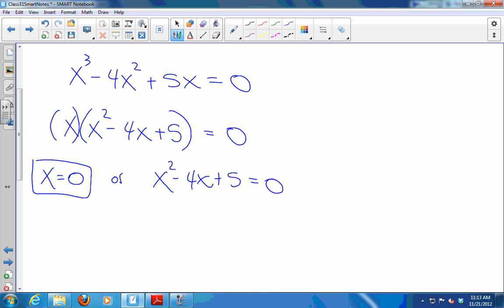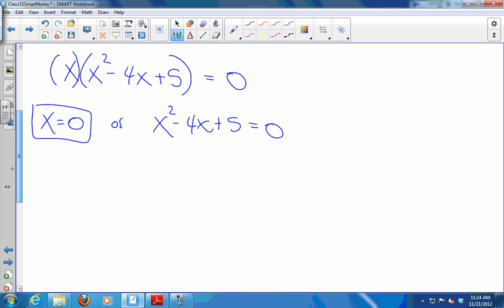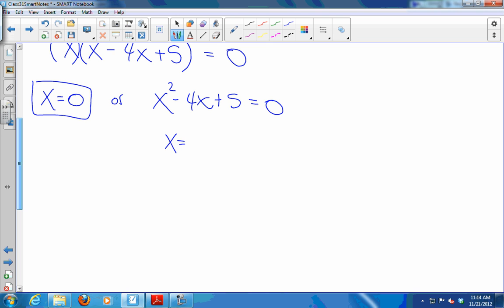And to solve this one, since factoring seems to be eluding us, what do we do? Quadratic formula. Okay, so I get x equals -b plus or minus the square root of b squared minus 4 times a times c all over 2a.